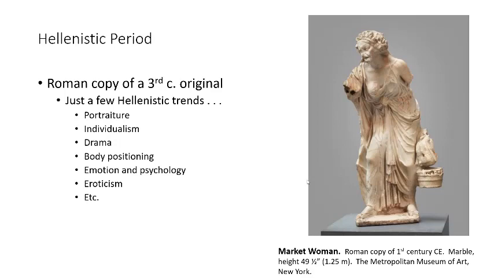In the Hellenistic period, remember the male Hellenistic example I showed you was that dying Gaul, right? So here's an interesting character. And that's one of the things that's interesting about the Hellenistic period. The Hellenistic period is full of drama.